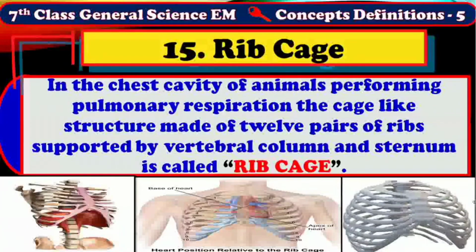Here the sternum is also known as breastbone, and the part of vertebral column that supports rib cage contains 12 vertebrae which are called thoracic vertebrae. This rib cage plays an important role in respiratory movements, and it protects the important organs like heart and lungs from physical shocks or blows.